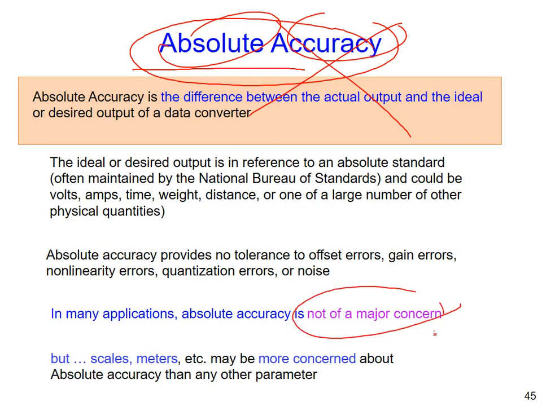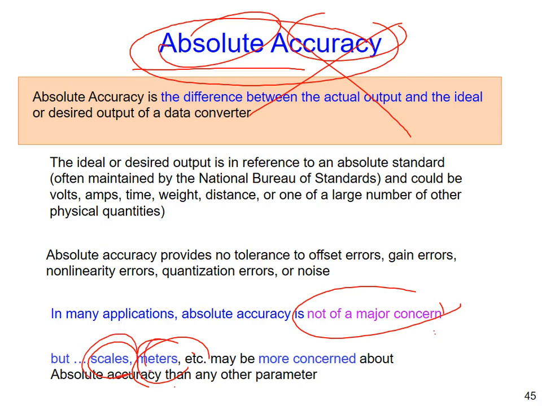Unless you have such scales to weigh the fish, your precious stones, your gold, or meters, to measure how large the room is, because you need to buy it from the market, right? If something is wrong with the meters, then you need to pay a lot of money for that. It doesn't make any sense.